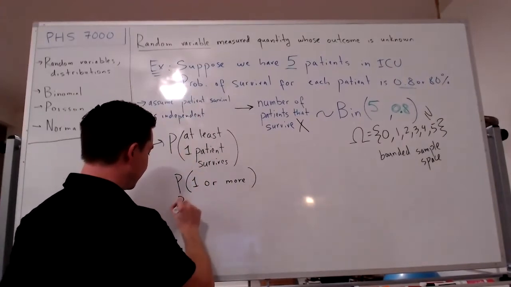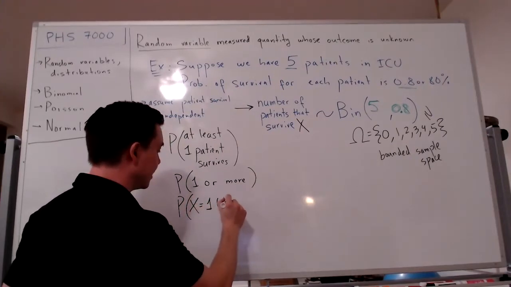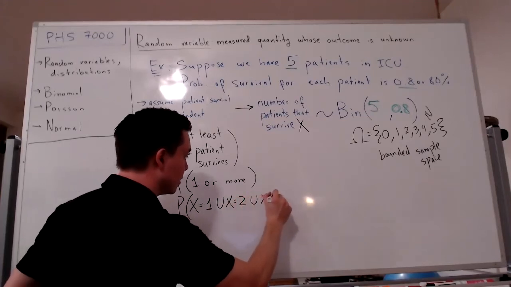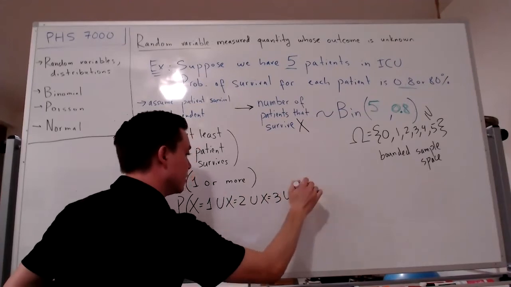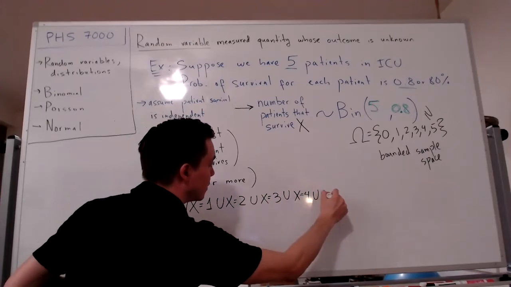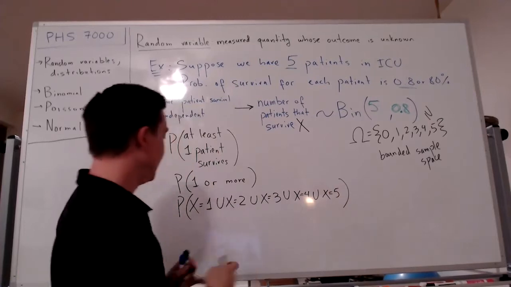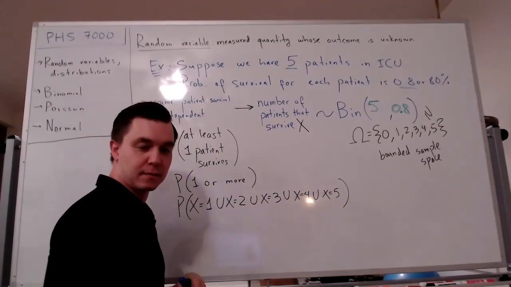So the probability that my variable is equal to 1, union 2, union 3, union 4, union x equals 5. A union of 5 different events.